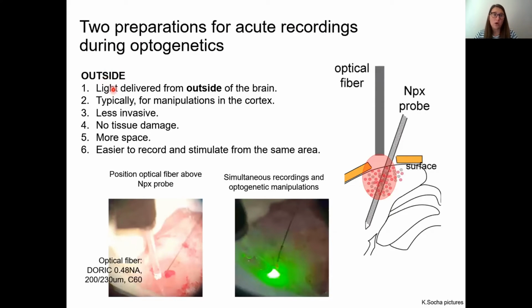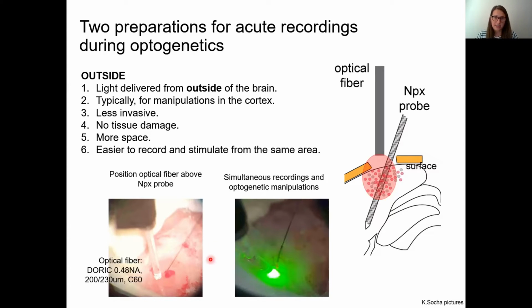First is when you deliver the light from outside of the brain, and this is typically for manipulations in the cortex, very superficially. It's less invasive. There's no tissue damage because the optical fiber is just positioned above the skull, above the craniotomy, and it gives you much more space because you don't need to apply cement around, and it's easy to record and stimulate from the same brain region.